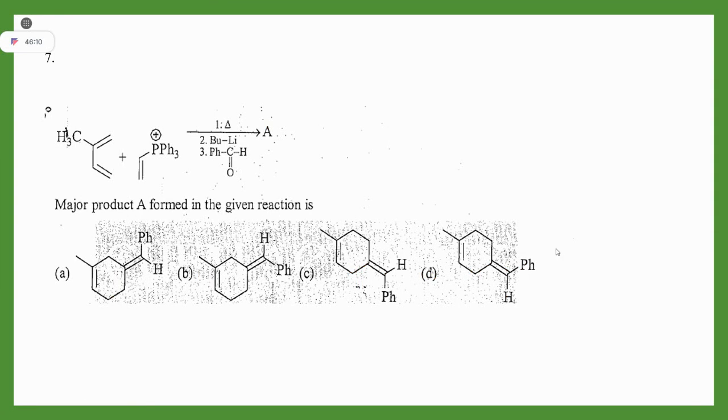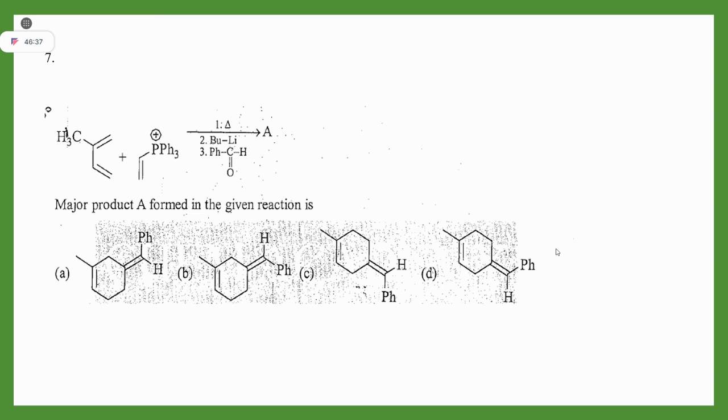Now tell me, how are you going to approach this problem? Okay, first step is simple. What is this? That is your simple Diels-Alder reaction. See students, in your MSc exams or whatever exams you give, pericyclic reactions are always one of the steps of that reaction, not the sole reaction.